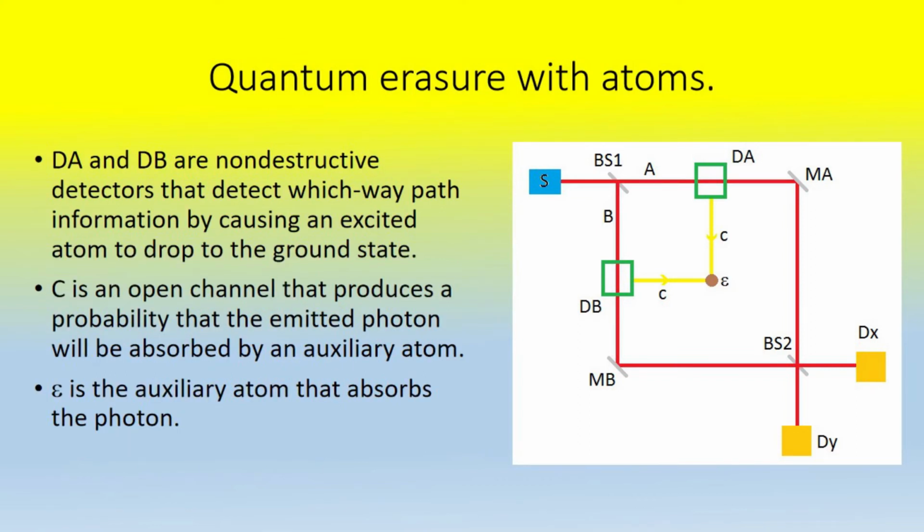DA and DB are non-destructive detectors that detect the which-way path information by causing an excited atom to drop to the ground state. C is an open channel that produces a probability of the emitted photon being absorbed by an auxiliary atom. And epsilon is the auxiliary atom that absorbs the photon.